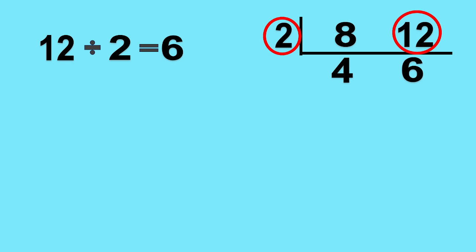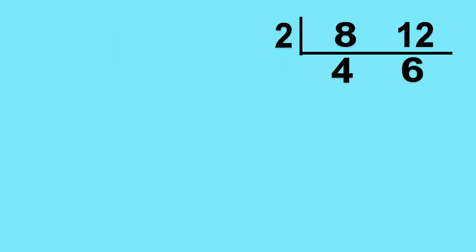Now, let's divide 4 and 6 by their common factor. Let's draw an L shape. 4 and 6 are divisible by 2, so we are going to use 2 as our common prime divisor. We write this on the left side of a given number.